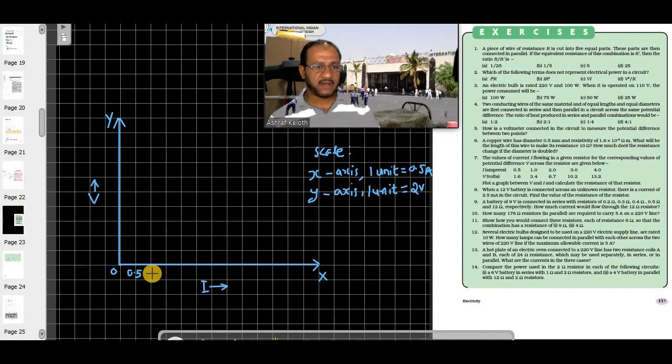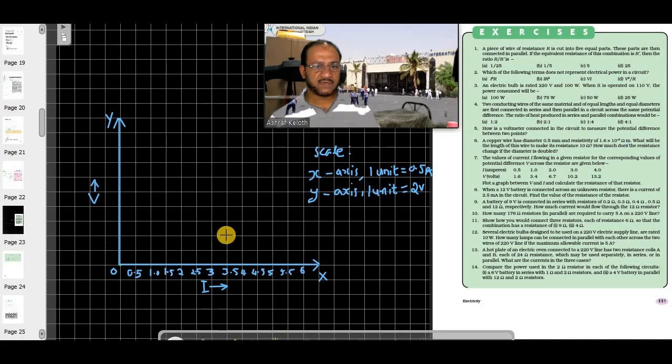So here on the x-axis 1 unit is 0.5, so this will be 1, this is 1.5, then 2, then 2.5, 3, then 3.5, and so on: 0.5, 1, 1.5, 2, 2.5, 3, 3.5, 4, 4.5, 5, 5.5, 6.